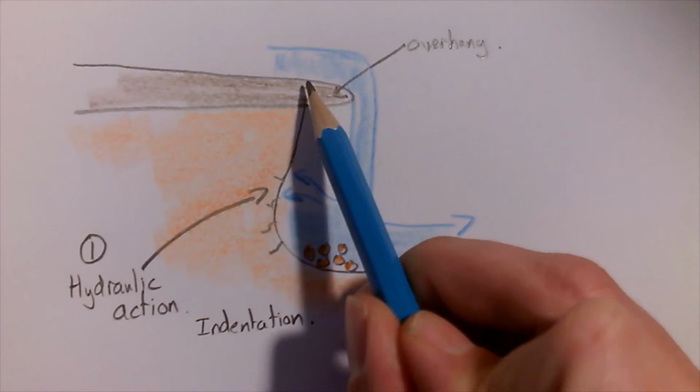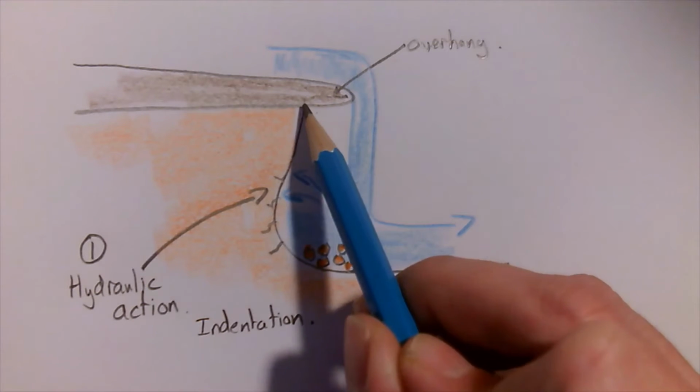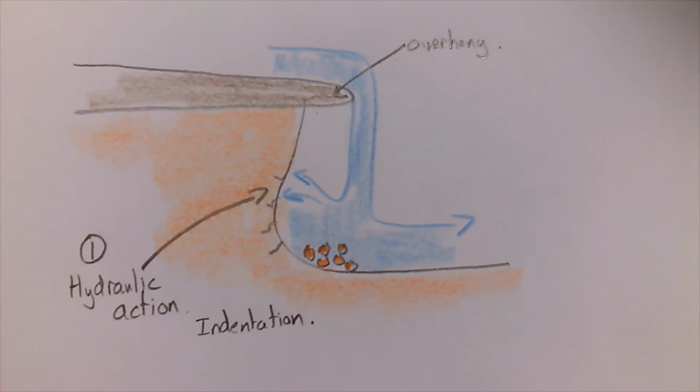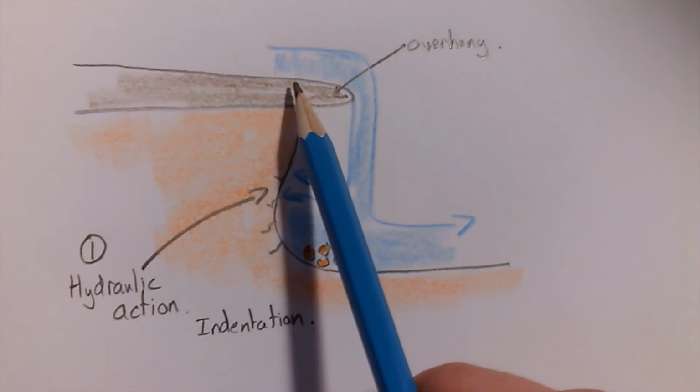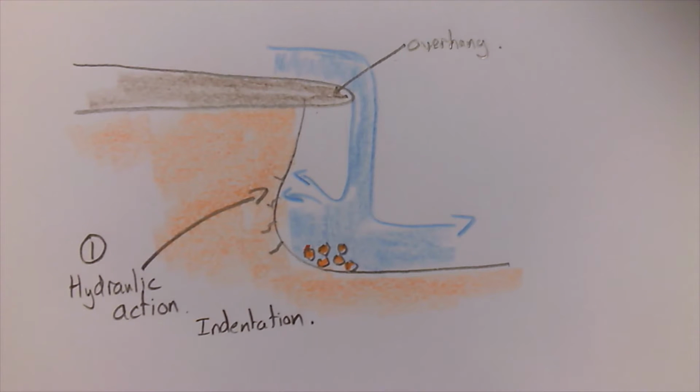That is a piece of the hard rock that is left unsupported with free space underneath it. What do we call this part of the hard rock that is now unsupported? Fuad? Good, the overhang.